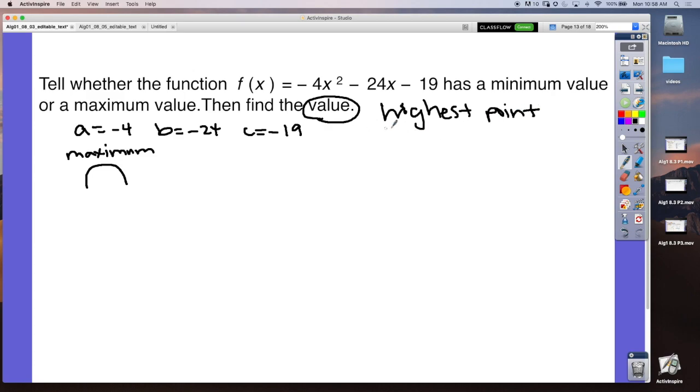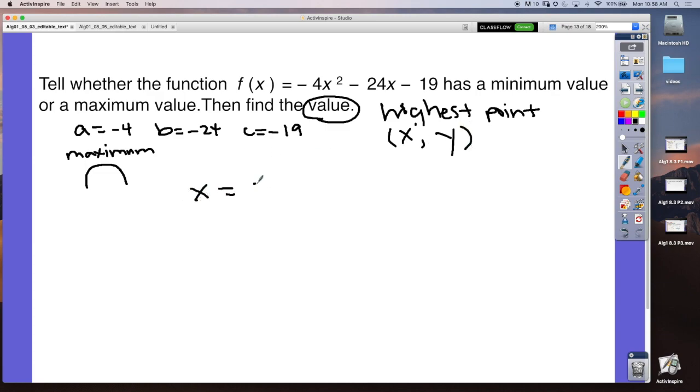The highest point in this problem is always going to be the y, because the y-axis is what goes up and down. In order to find the y, we have to find the x. And because you learned a new formula, how do we find the x?